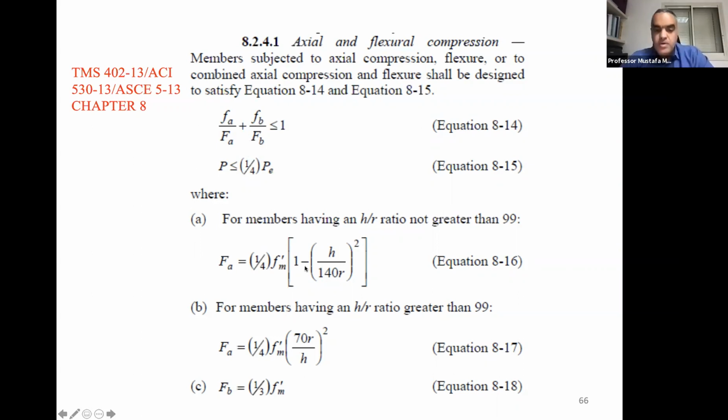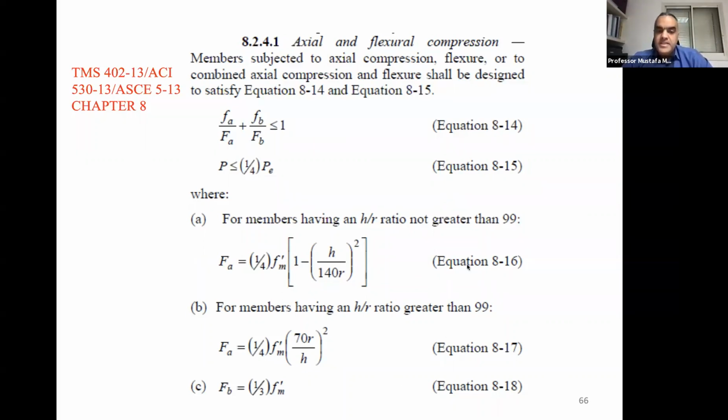Now, below you will see F sub A, how it's calculated. It depends on F prime M, the compressive strength, and also depends on H over R. H over R is the slenderness of the wall, the height divided by its radius of gyration. Okay, so what's in brackets here, that's the slenderness effect that's taken into consideration in the axial capacity.